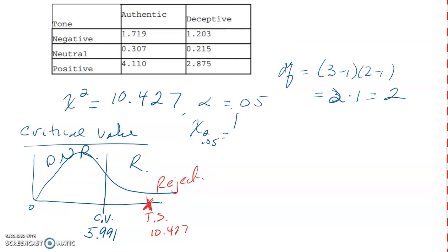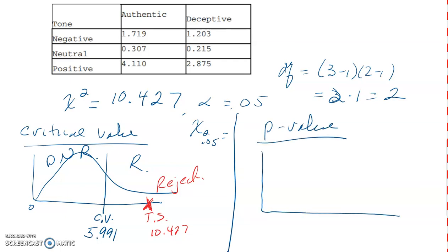Now, I want to show you also the p-value approach, because on a test, you don't know which approach I'm going to have you do. You can still draw the picture, but this time it's your test statistic that goes in this location.